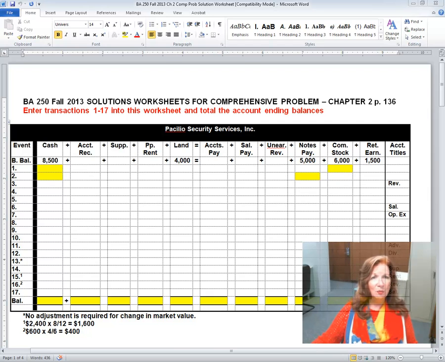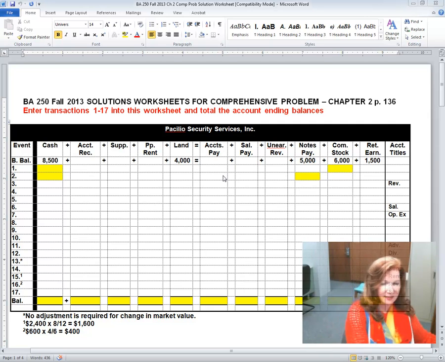But I have a note in the course outline reminding you, when you're working on these problems, to be sure you always put in the beginning balances, or you'll be off by those beginning amounts, and it's very frustrating as to why it won't balance. So beginning balances are in there for you. You quite literally have to put in the transactions.